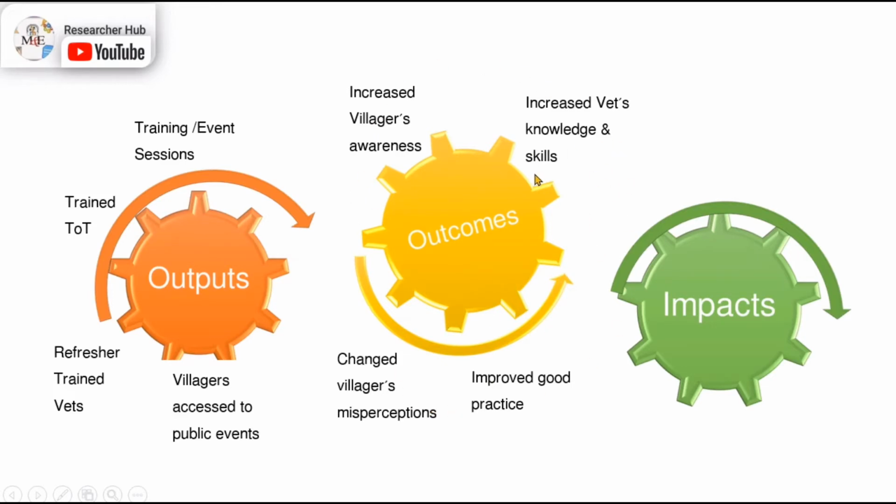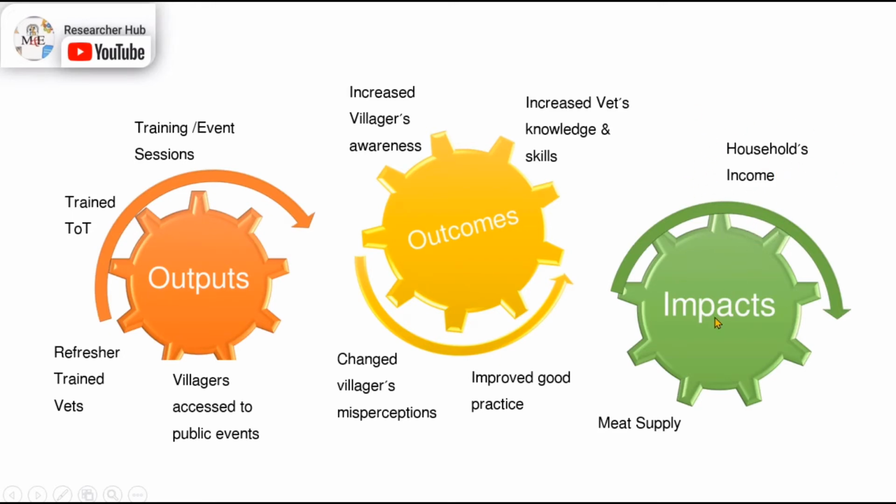The next level is the impacts. The project has three expected or intended impacts that the project would like to contribute to. First is about the household incomes. We would like to see whether there is any change or any increase of household income due to our project.